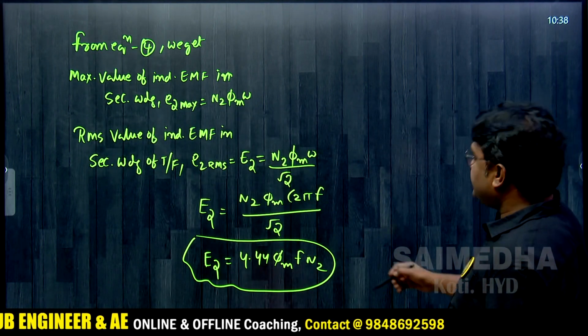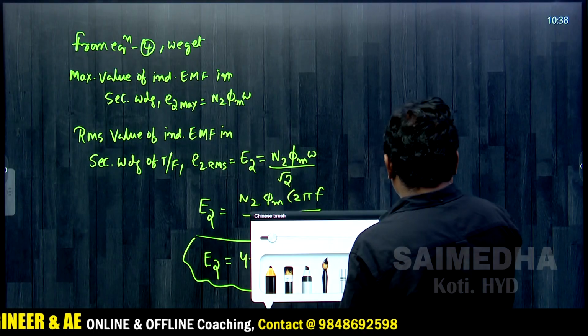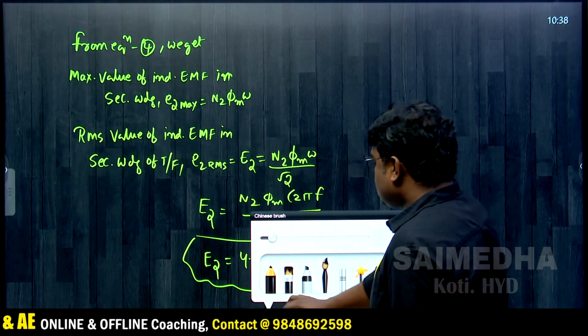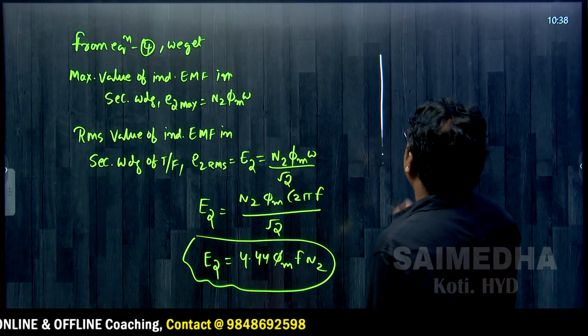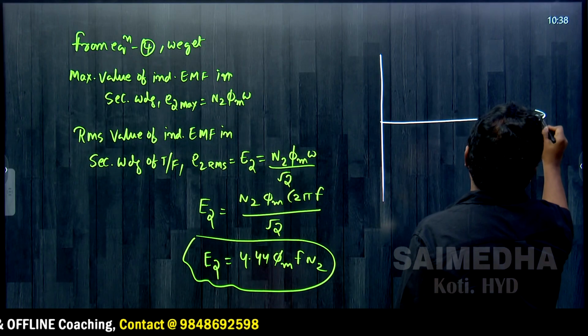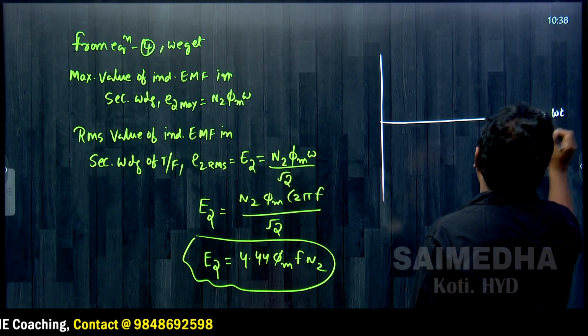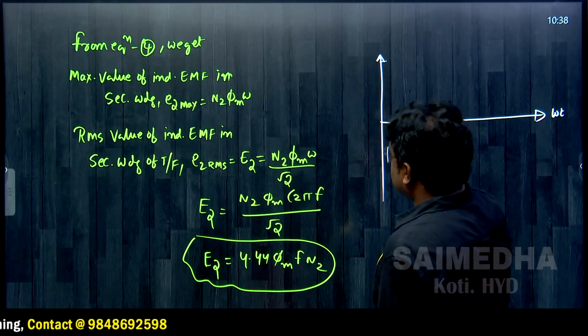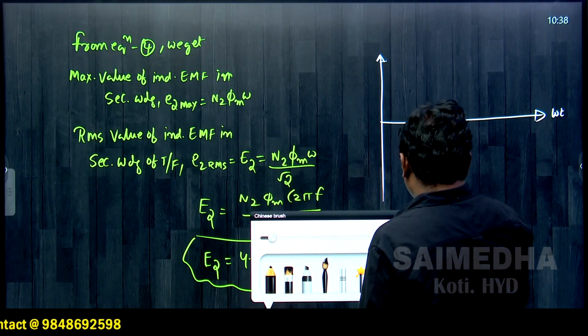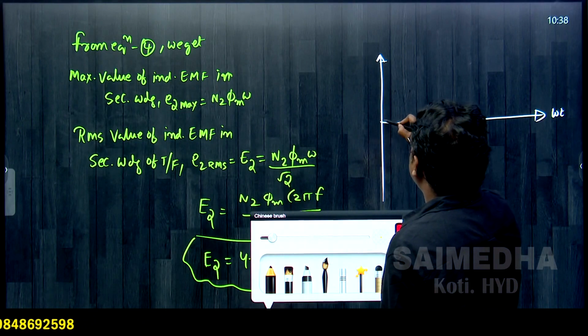So the EMF induced in the primary winding and the EMF induced in the secondary winding. Suppose we draw the waveforms for all of these, with respect to omega t. Suppose initially the flux, so sinusoidal flux phi 1.